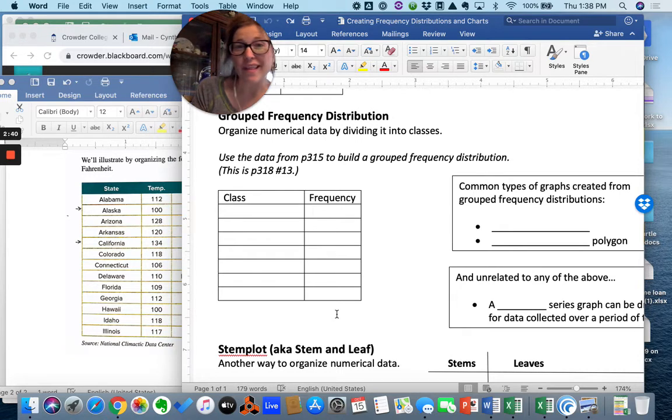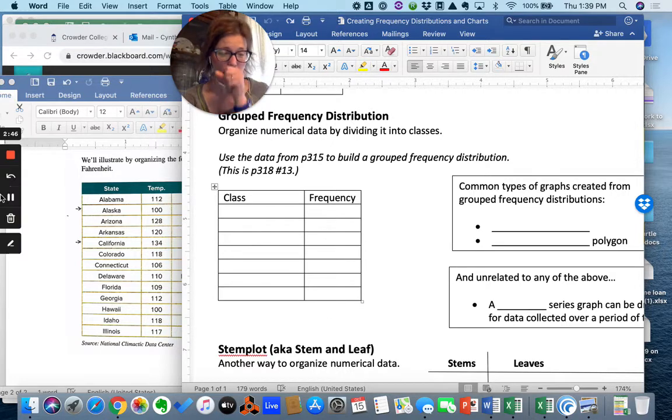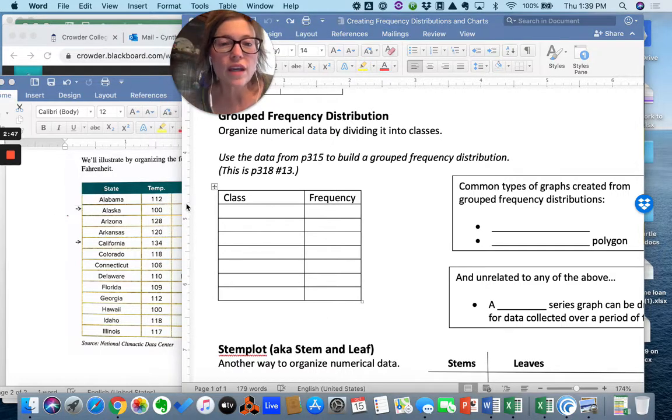The second thing we want to think about is that each class needs to be the same size. If our first class is like 101 to 103, and we've got however many of those, and then the next class was like 104 to 120, that's a lot of different degrees.